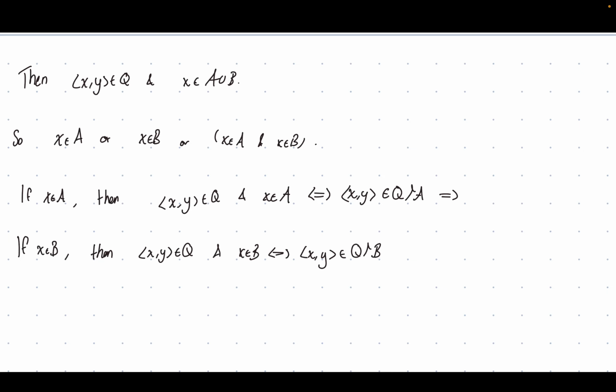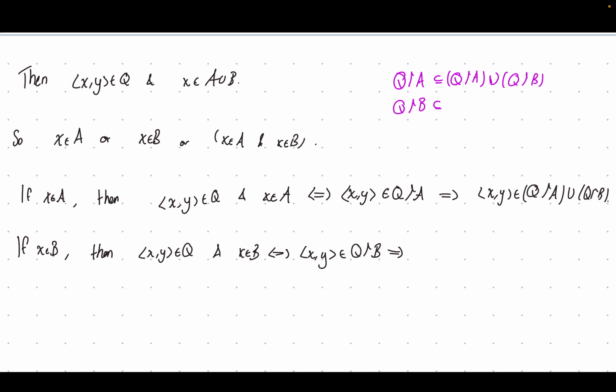Unioned with Q restricted to B. Because, of course, Q restricted to A is a subset of Q restricted to A union Q restricted to B. And the same thing happens with Q restricted to B.